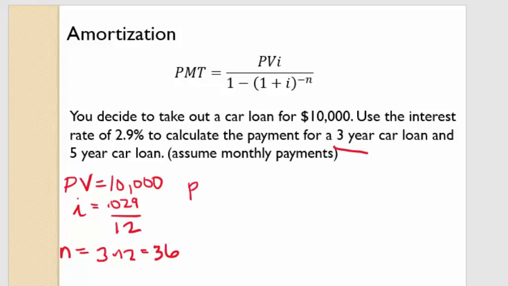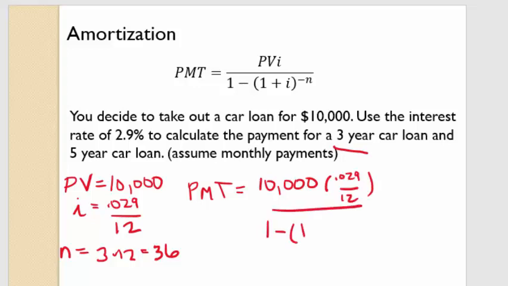So my payment amount is going to equal PV, the present value, times I, which is 0.029 divided by 12, divided by 1 minus 1 plus I, 0.029 divided by 12, raised to the negative n power, so negative 36.